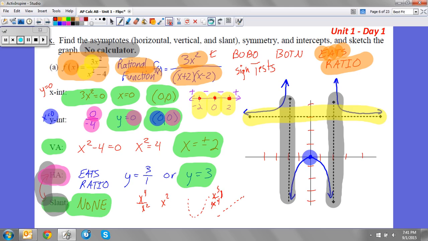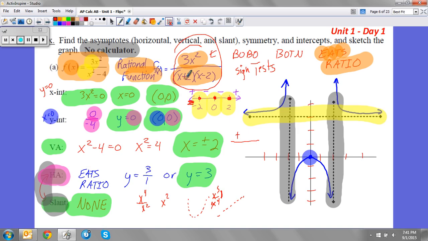Pick a number, any number that is less than -2, over here somewhere. So let's say we pick -3. I would put -3 in the factored piece, not the original, because the factored is more efficient and easier to see. So -3 squared, because it's squared, we always know that's going to be positive. So it would be positive on top.